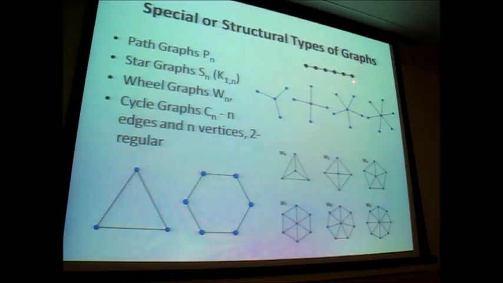You get the path graph, which is just a line with n number of vertices. Star graph, where you have one vertex and then multiple ones connected out. I guess 3 is probably the smallest, because if you took that out, you'd have a path graph. And then wheel graphs have this structure, which is just a central hub, and then all the edges are connected in that pattern. And then cycle graphs, and you can see they all have this notation.